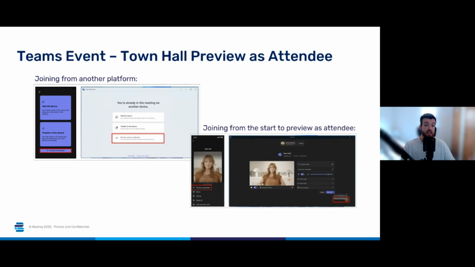As you can see in the red boxes, all you have to do is choose the preview as attendee option on mobile or preview event as attendee on desktop or browser options. You'll essentially just join as an attendee so you can check things are just as you need them to be. So clear audio, correct presenters on the screen, slides that can be clearly read, etc.